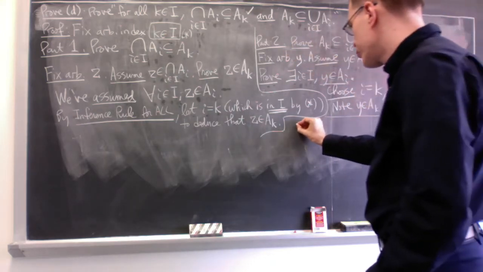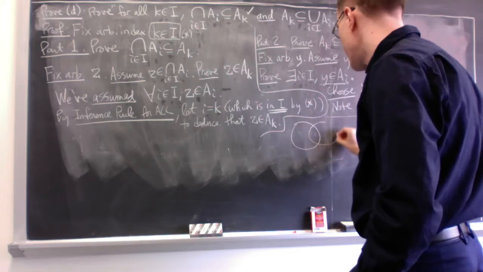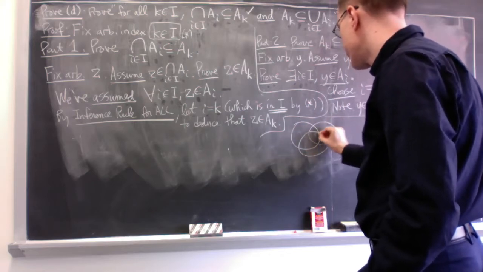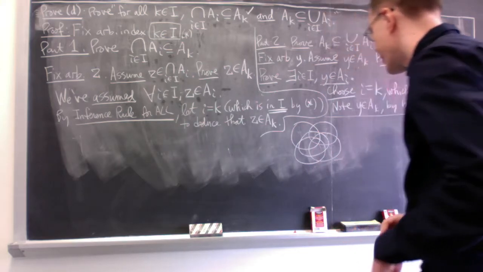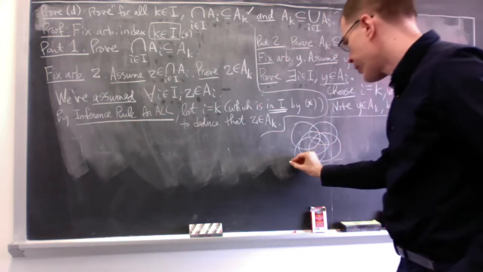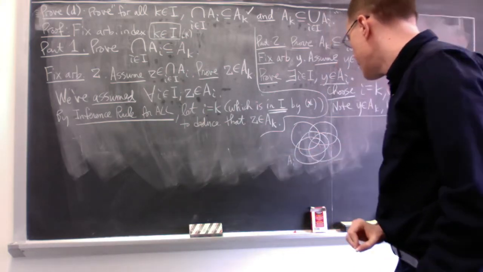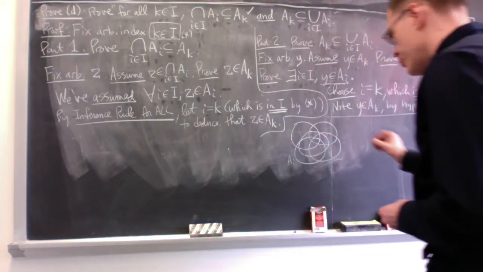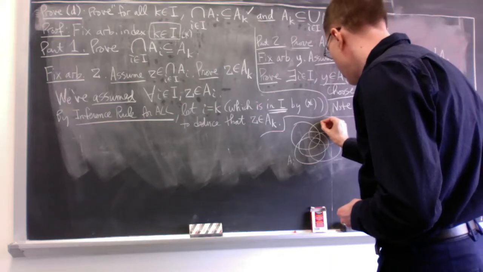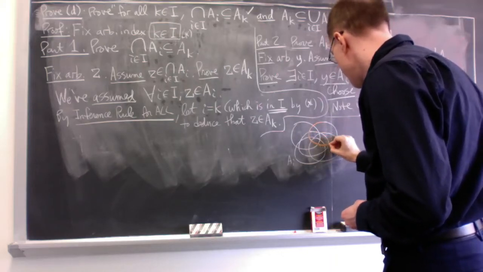Let me draw a little picture here as well. It's hard to draw these general union things when there's infinitely many sets, but you can still kind of think of some sort of Venn diagram where there's all these sets floating around. And in this particular proof, we had singled out one particular one called A_k.